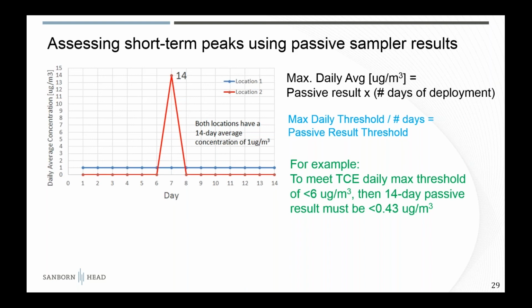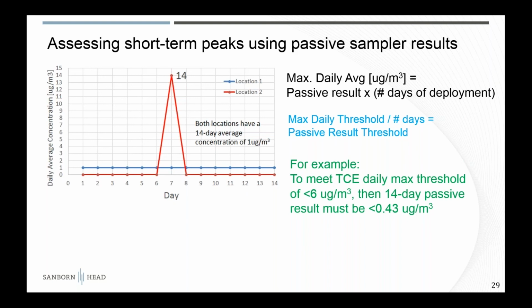So you can use this formula to potentially calculate, if you're looking at TCE, what your daily max threshold could be. If you're interested in not going over 6 micrograms per cubic meter and you collect a 14-day passive sample, you have to be less than 0.43 micrograms per cubic meter to ensure that on any given day you didn't go over 6.